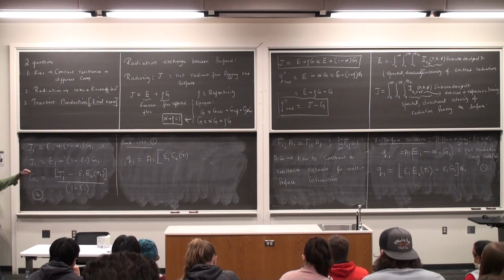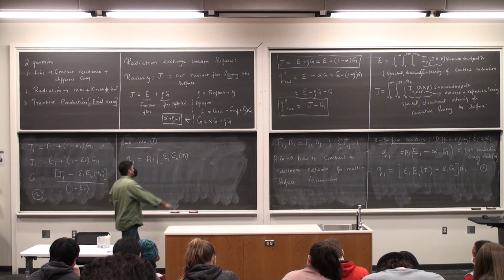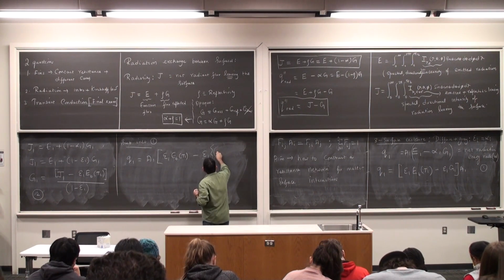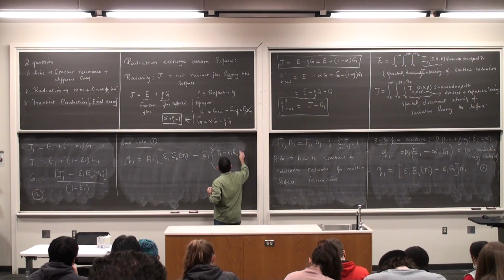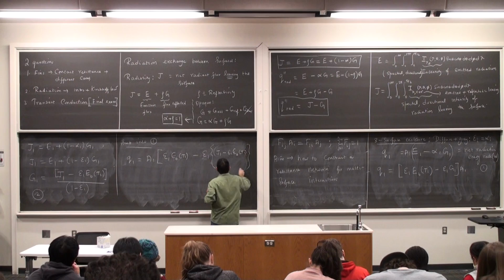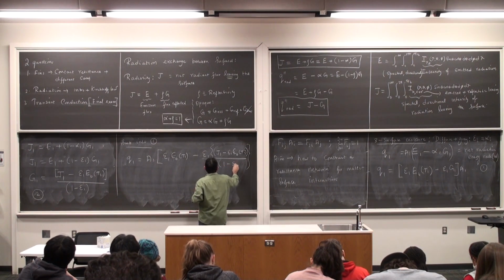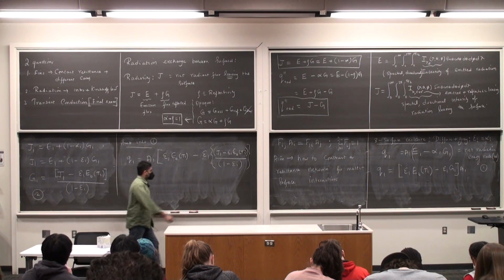Just rewriting stuff. Instead of G1, I'm going to substitute this chunk here. So that's going to be minus epsilon 1 times J1 minus epsilon 1 EB by 1 minus epsilon 1. And big brackets close.